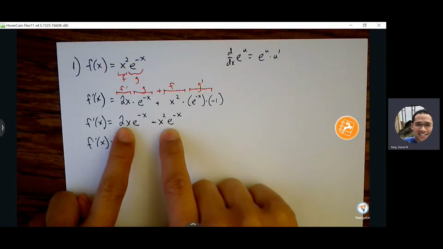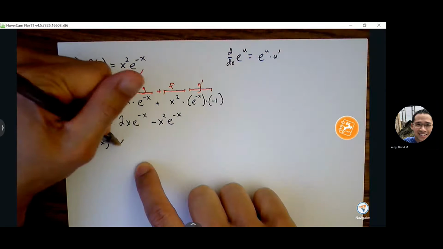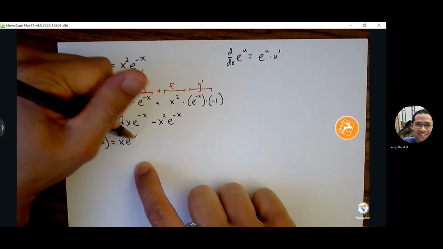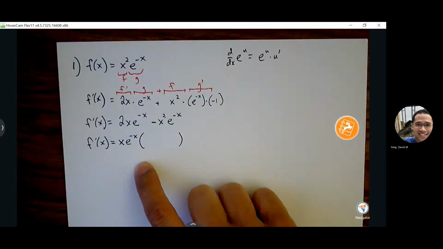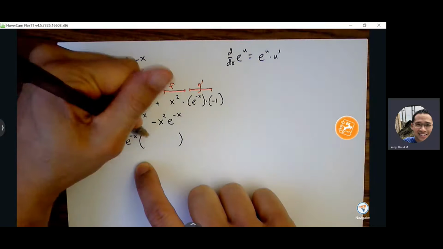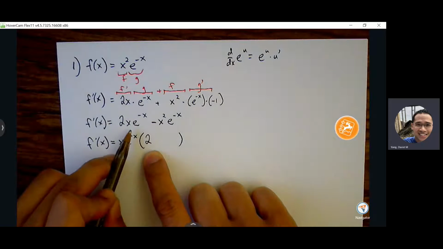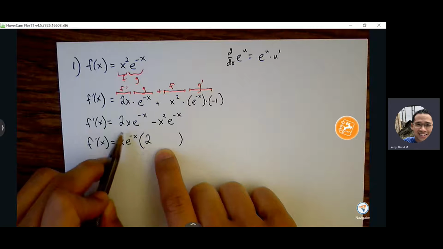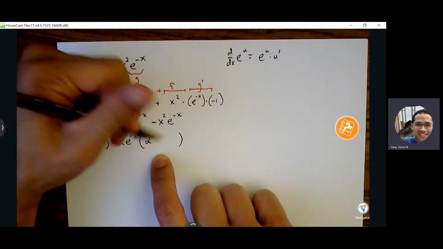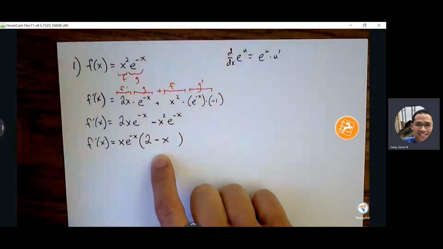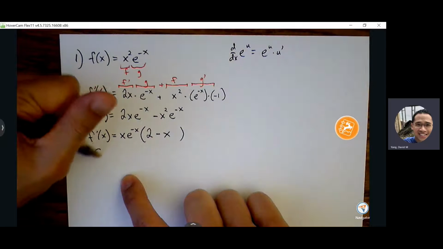Yeah, you can take an x out as well. And so we're left with 2. Take the x and e to the negative x out. We're left with 2 minus what? x. All right, set f prime equal to 0.